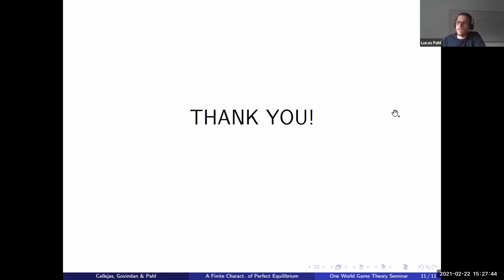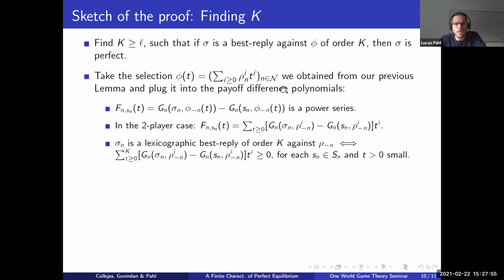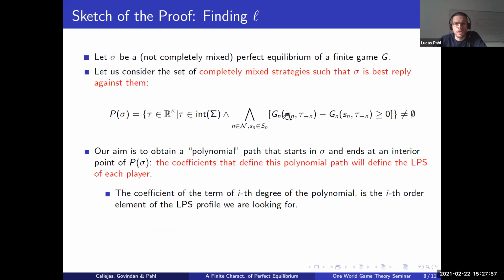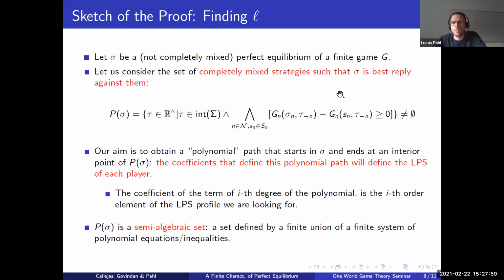Yeah, so this goes back to how we construct the selection there. If you look at the set P sigma, that's where the cusps are essentially going to appear. So what you do is use some tools of resolution of singularities.